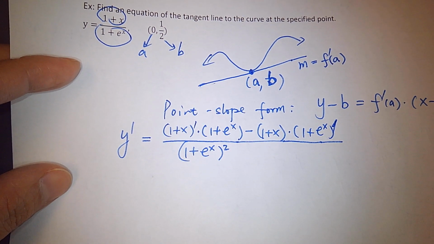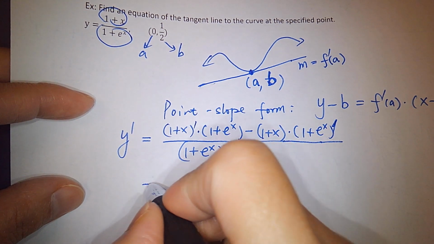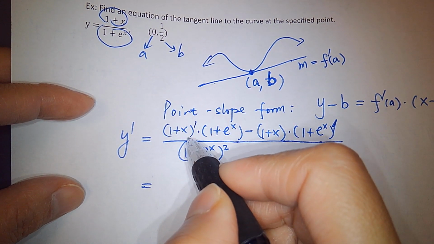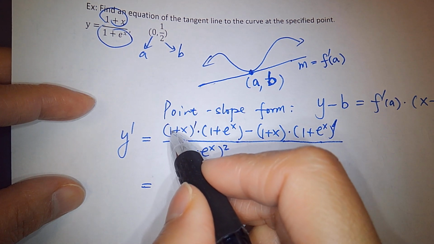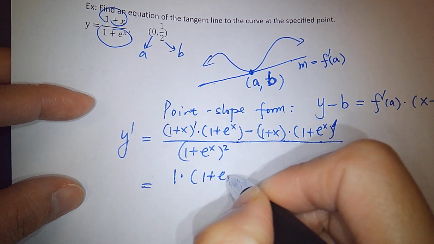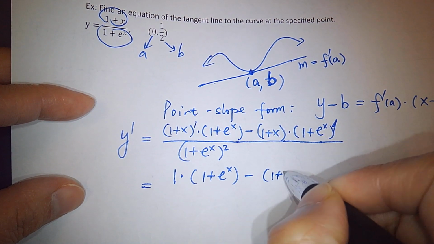Can you follow me, everybody? So 1 plus x derivative with respect to x, 1 is a constant, derivative is 0, so 1, times 1 plus e to the x, minus 1 plus x.